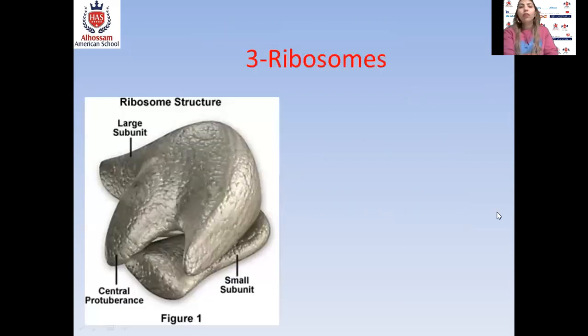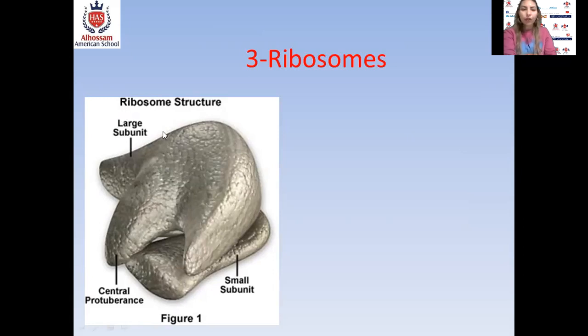So let's continue. Number 3, ribosomes. Let's remember again, we took the cell wall covering the cell membrane. So number 2, cell membrane. Now we will take organelles scattered in the cytoplasm, inside the cell. So we have ribosomes, and this is the structure of ribosomes, which consist of 2 units, a big unit and a small unit.